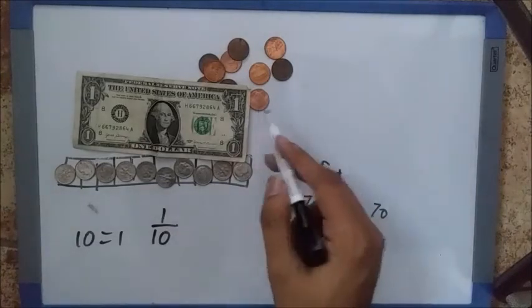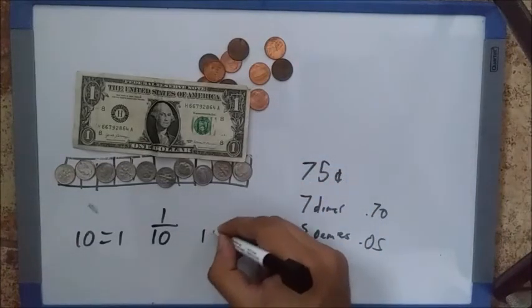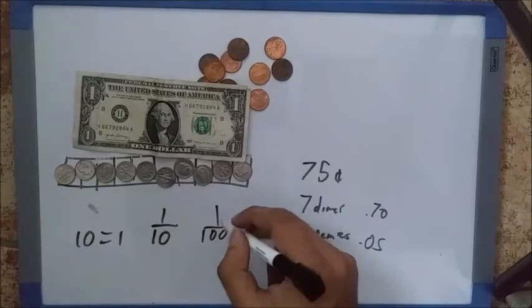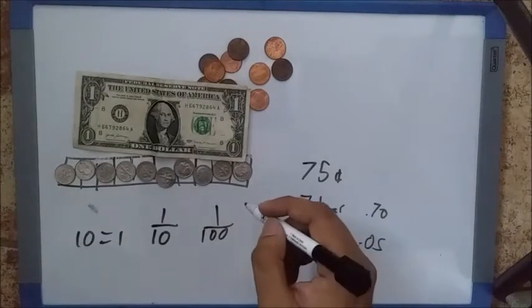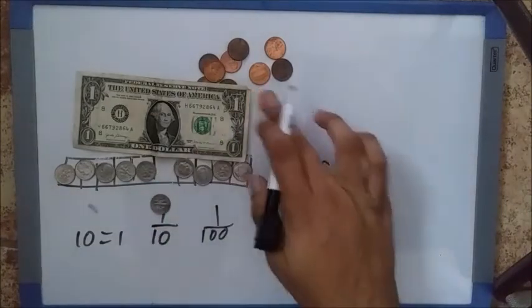Likewise, as the pennies need 100 to be able to make $1, we could say that 1 penny is equal to 1/100th of a dollar. Let's move this one here and this one over here.